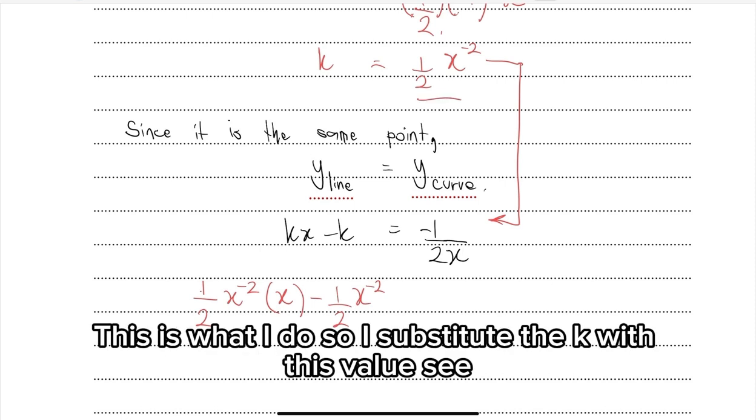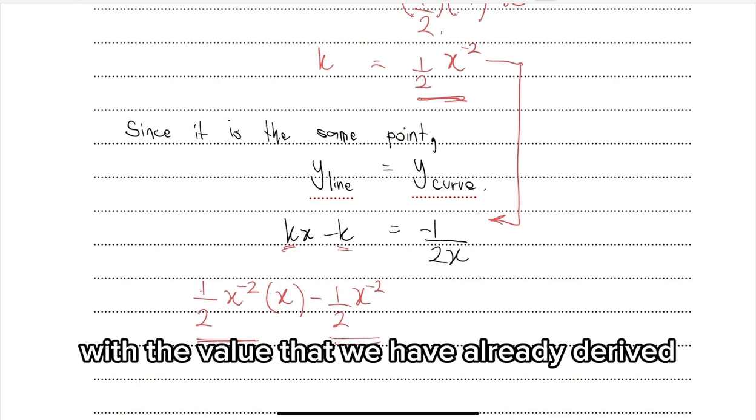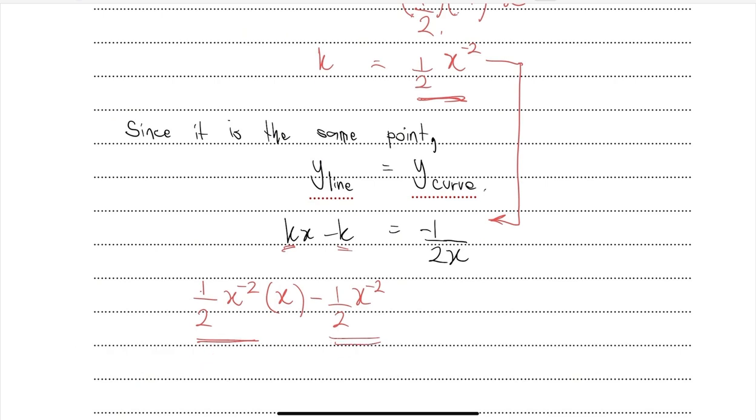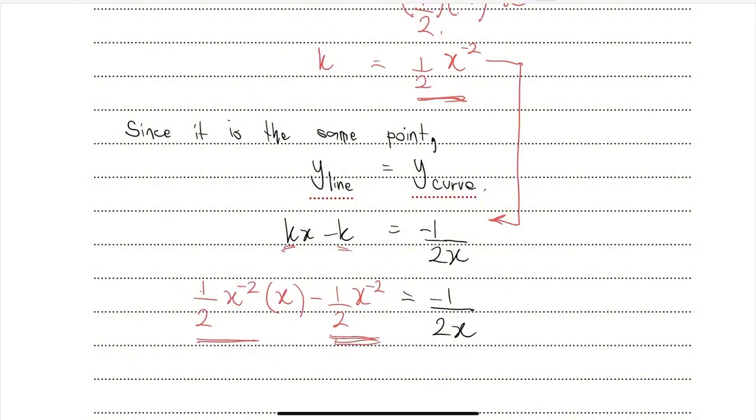This is what I do. I substitute the k with the value that we have already derived, right? And that is equal to minus 1 over 2x.